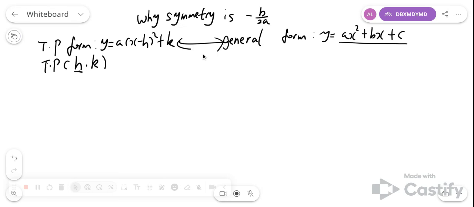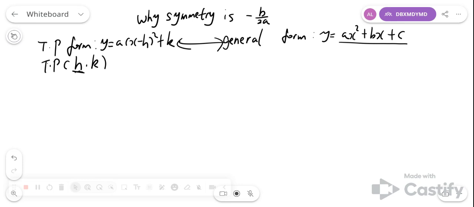So what I'm trying to do now is find connections between these two different forms, so I can do the comparison and maybe locate the value h. Even though I couldn't really make a number, at least I can have some representing form for h in my general form. That is why I need to complete the square for the general form.